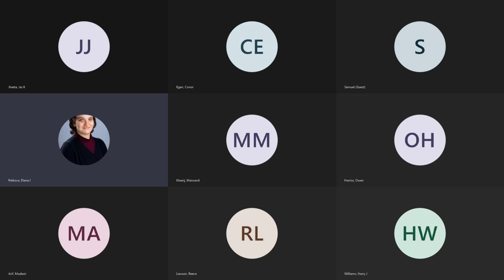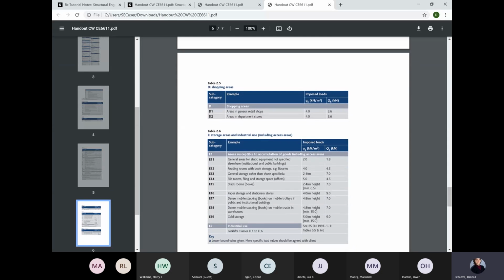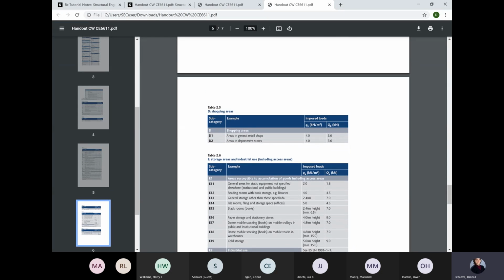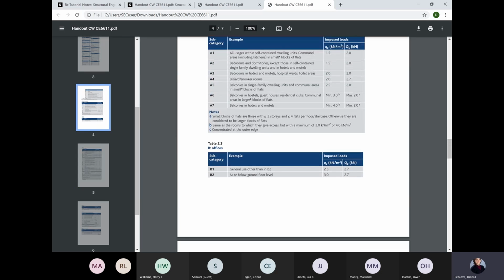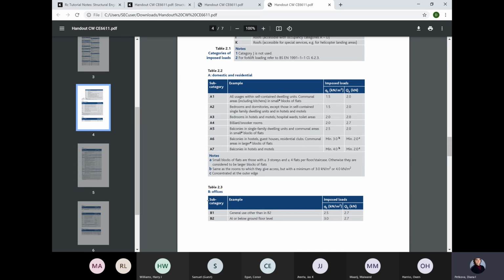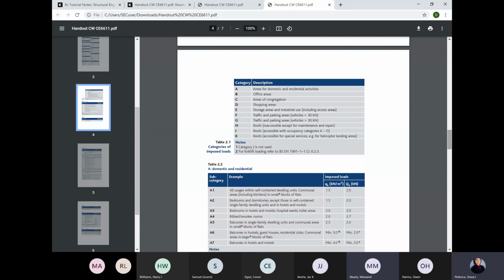Okay, so we should really be looking for hospitals as loading. That could be in small blocks of flats. I'm just trying to find the hospital.